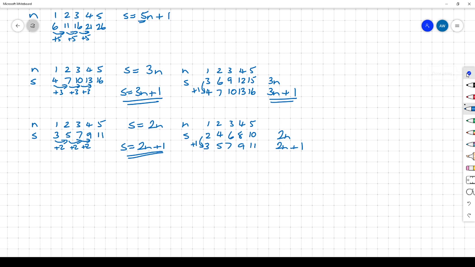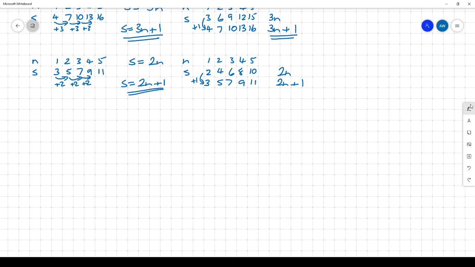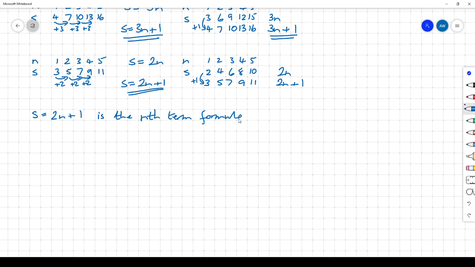I'm going to do one more example. I'll give you a couple of seconds to think about it. So here's a sequence. Find the nth term formula. Right, so s equals 2n plus 1 is the nth term formula for 3, 5, 7, 9, 11.